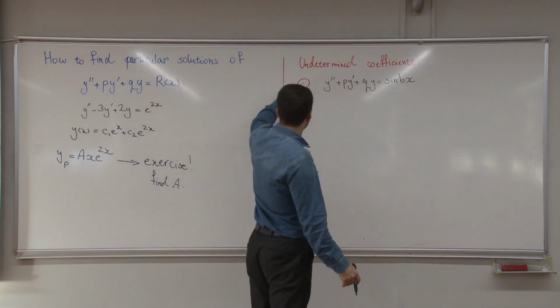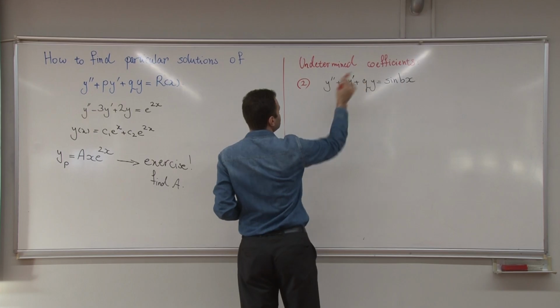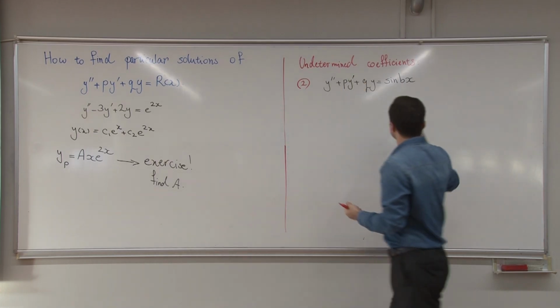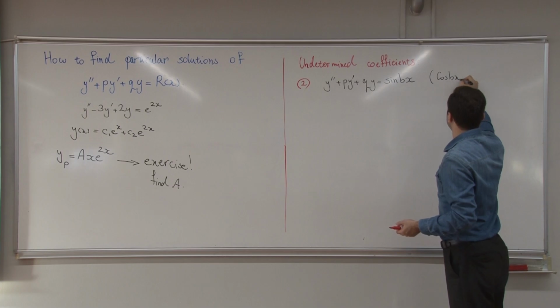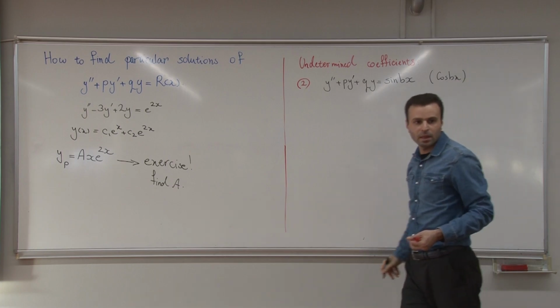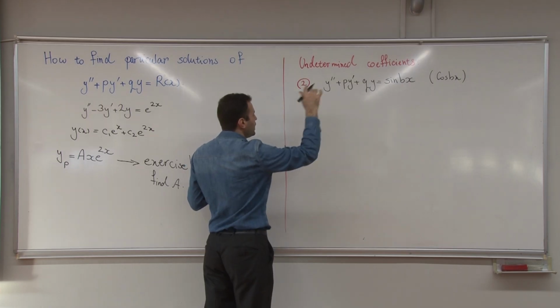Yes, this is a new case. This is our case 2 for undetermined coefficients. If the right hand side is equal to sine of bx or cosine of bx, any one of them, what should we do for the general case?